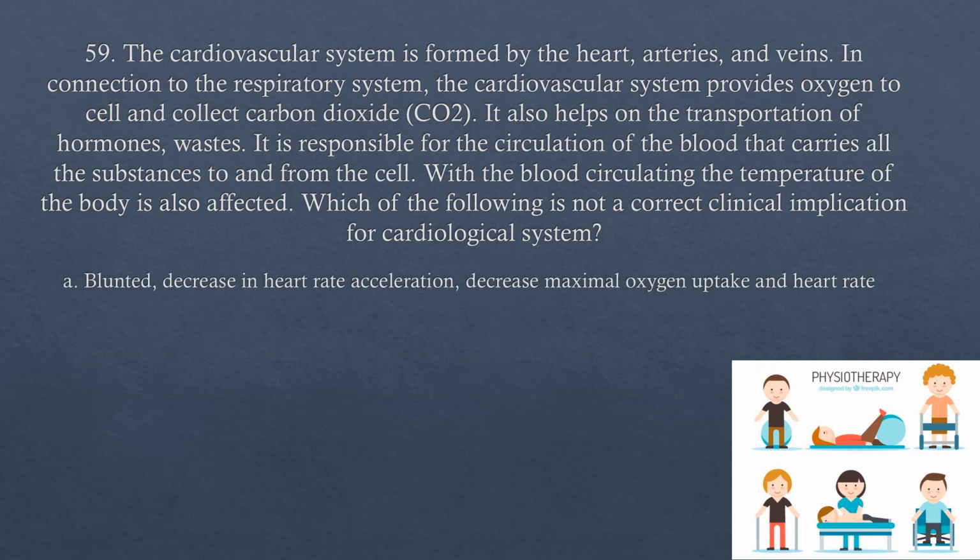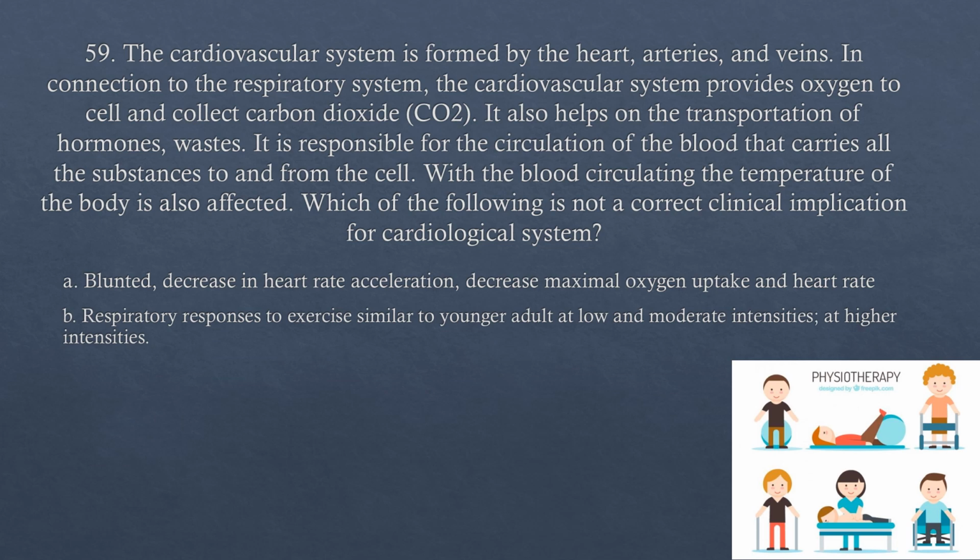A. Blunted, decrease in heart rate acceleration, decrease maximal oxygen uptake and heart rate. B. Respiratory responses to exercise similar to younger adult at low and moderate intensities at higher intensities. C. Decreased stroke volume due to decreased myocardial contractility.